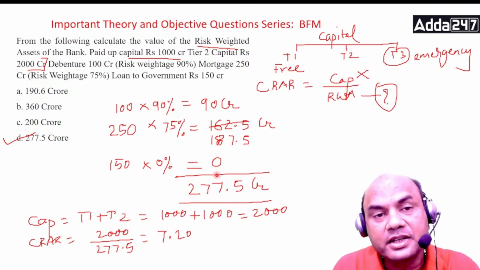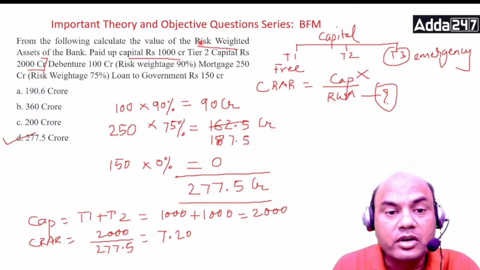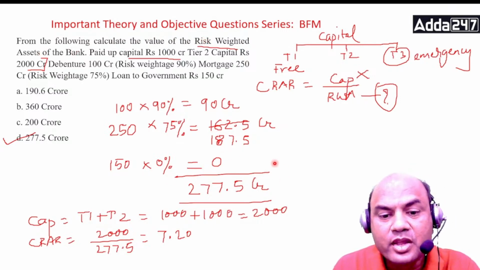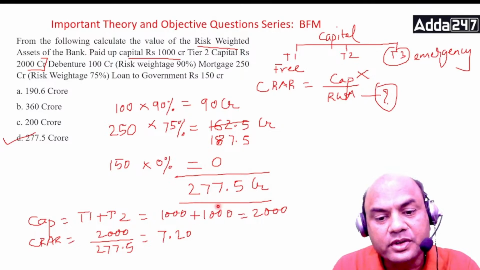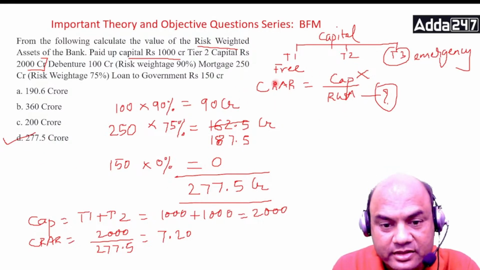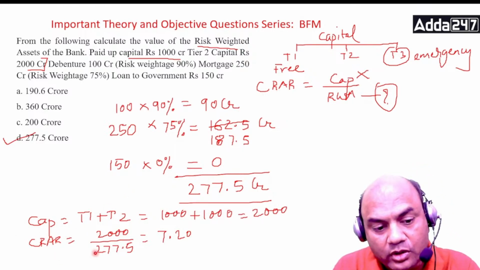So what is my CRAR then? You have to calculate what? Calculate the value of the risk weighted asset of the bank. So only risk weighted asset is asked. So your answer is 277.5. But this I have solved extra: you would have to calculate CRAR, which is not asked in the numerical over here.